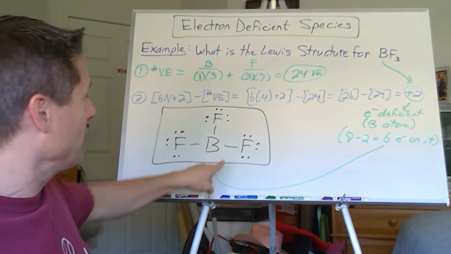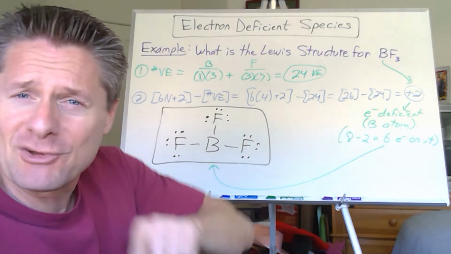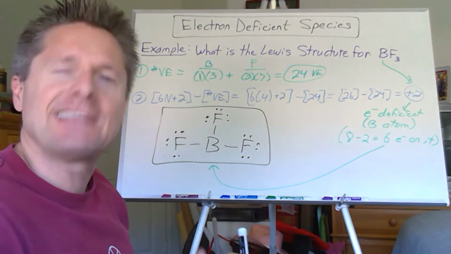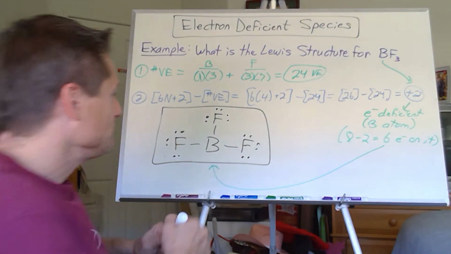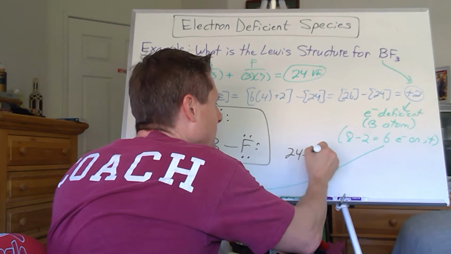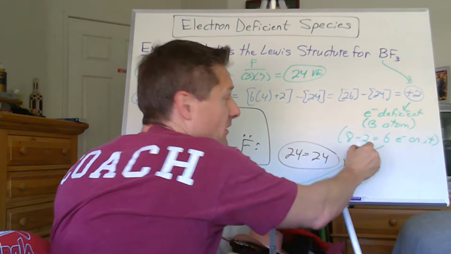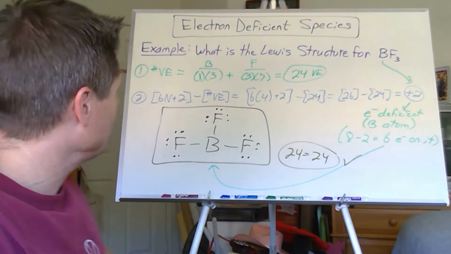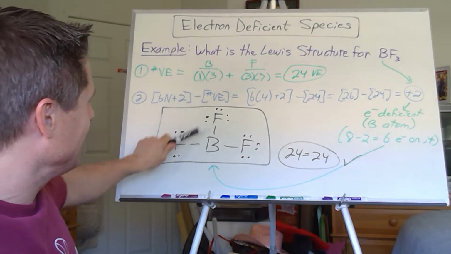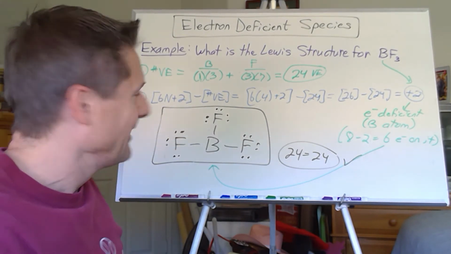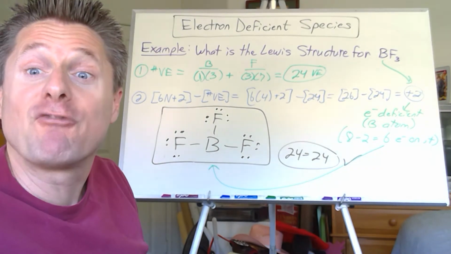There's definitely 24 around that, but for some reason when I try to count by 2s, I keep getting 26. So just slap me, please. But we do know 24 equals 24. So hopefully you had fun with me attempting to count electrons. That's unbelievable.